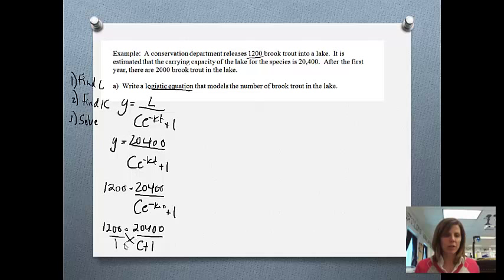I'm going to cross multiply to solve for C, so 1,200 times the quantity C plus 1 is equal to 20,400. I will divide both sides by 1,200 instead of distributing, and I get C plus 1 is equal to 17. Subtracting 1, I get C is equal to 16.